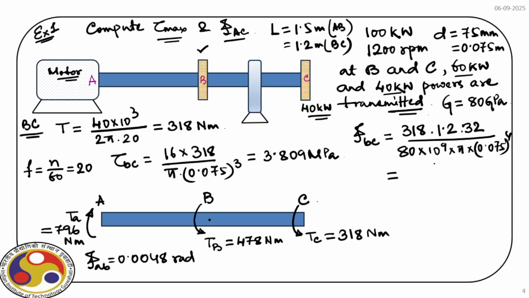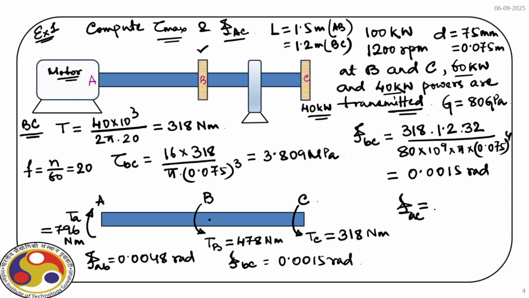And then if we solve, we get 0.0015 radian. So we get phi of BC is equal to 0.0015 radian.